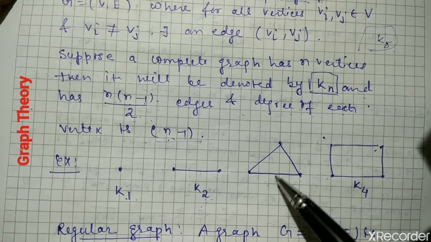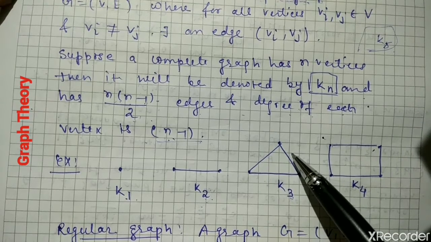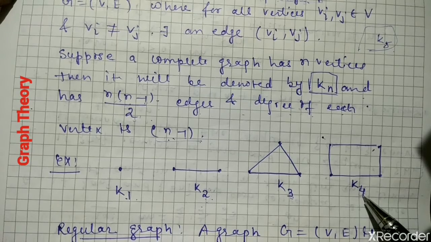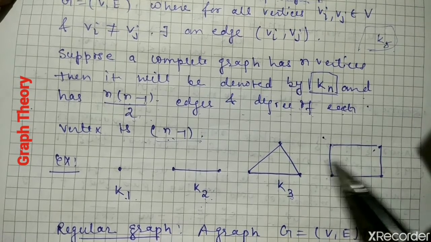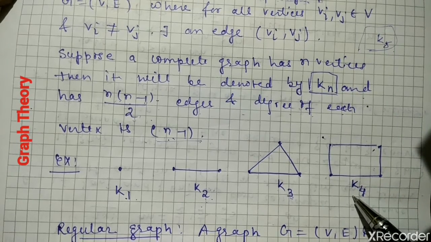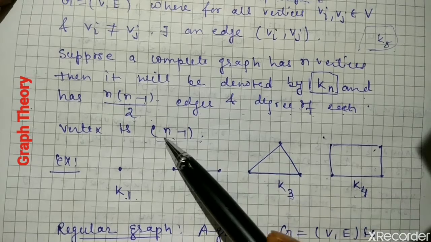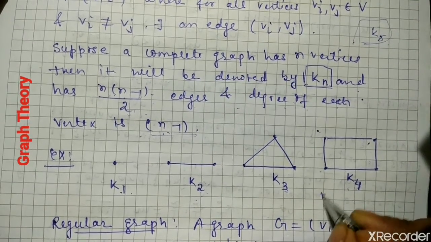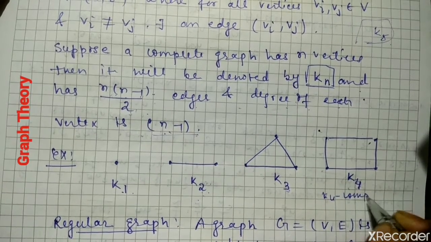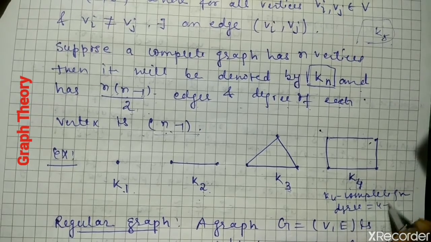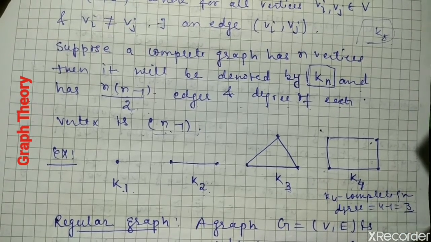Similarly, K4 is a complete graph of 4 vertices, and the degree of this complete graph is 3. Why 3? Because the degree is n minus 1, that is 4 minus 1, which is 3.